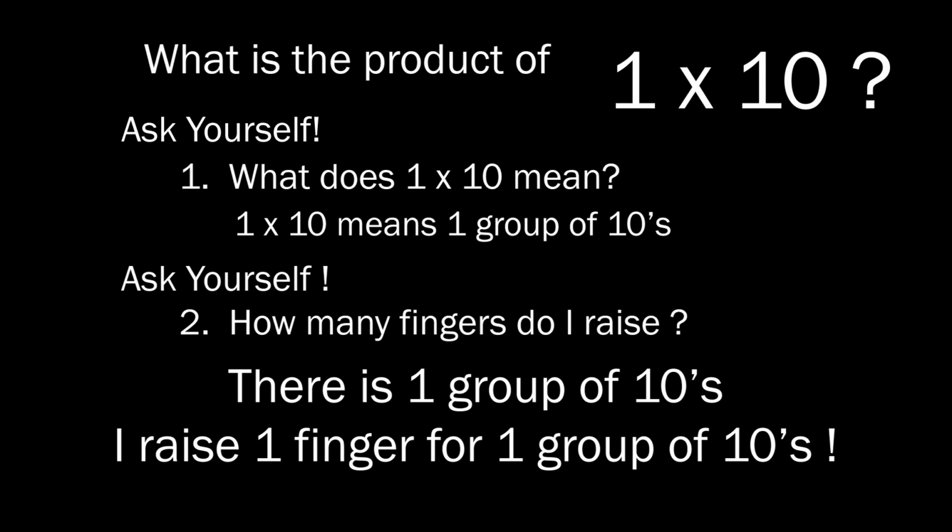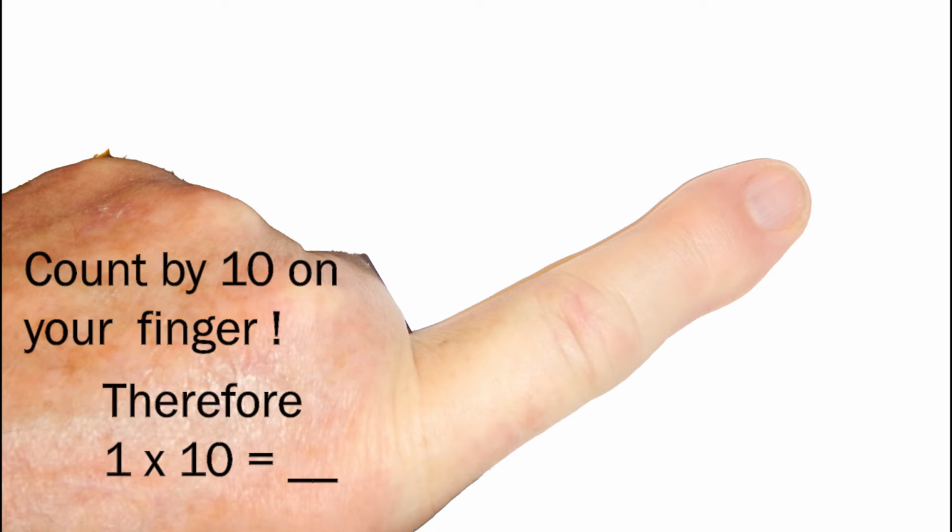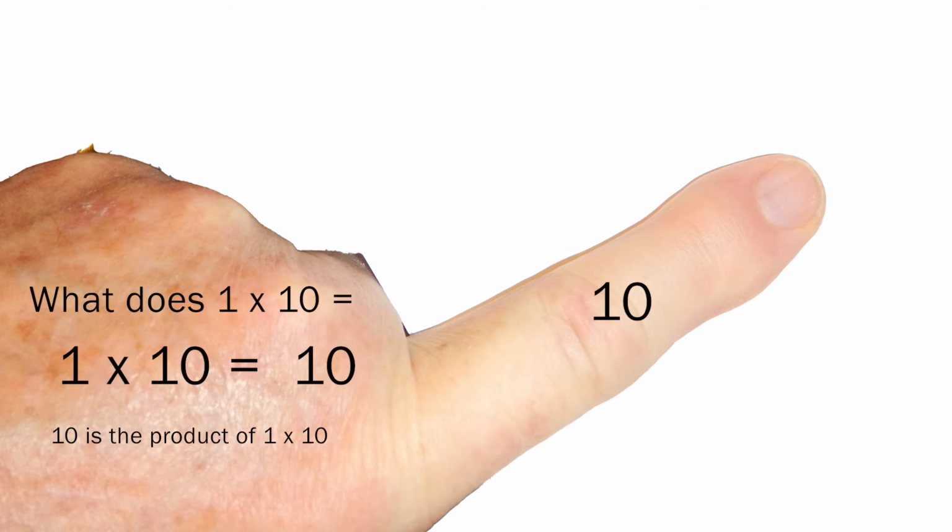There is 1 group of tens, therefore I raise 1 finger for the 1 group of tens. Count by 10 on your finger, therefore 1 times 10 equals. I counted by 10 on my 1 finger, therefore 1 times 10 equals 10.